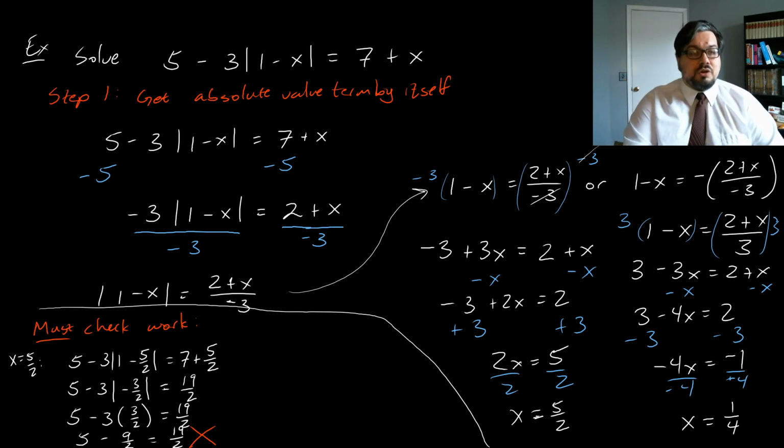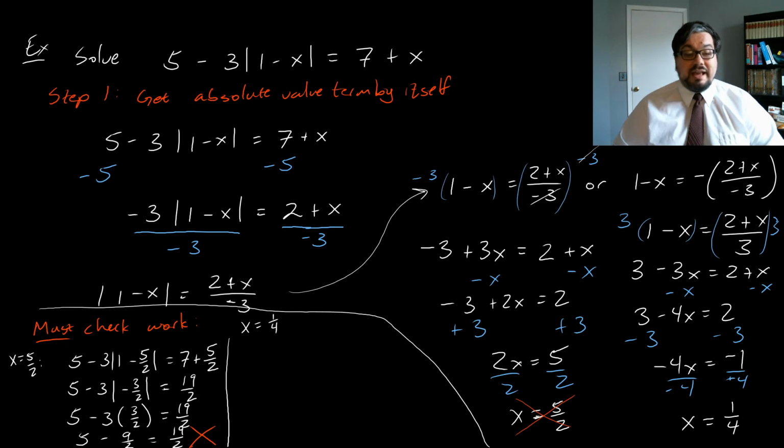So this shows us that actually 5 halves, while it came out of our computations looking fine, is actually not a solution, and we can't use it. It's not a number that makes the absolute value equation true. And that's not that we did anything wrong, but it shows why we need to check our work.